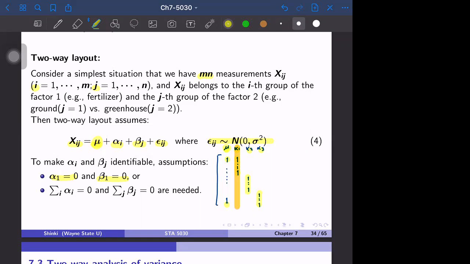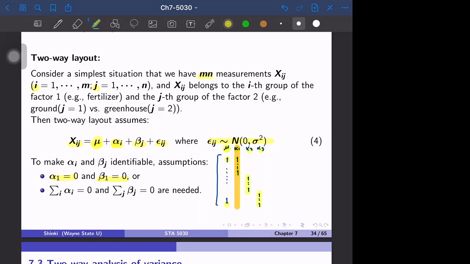In such a case, alpha 2 means the difference between level 1 and level 2 of factor 1, so the difference between fertilizer 1 and fertilizer 2 on the yield.